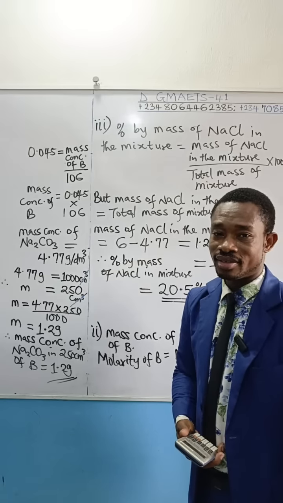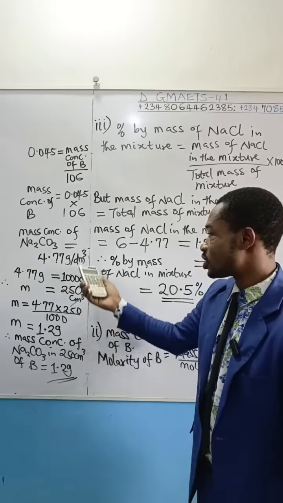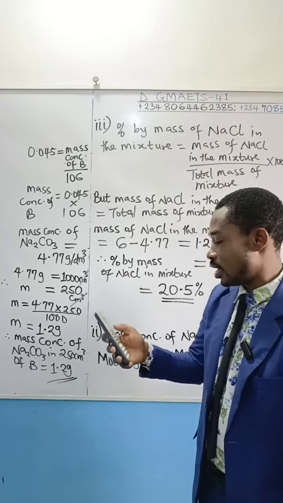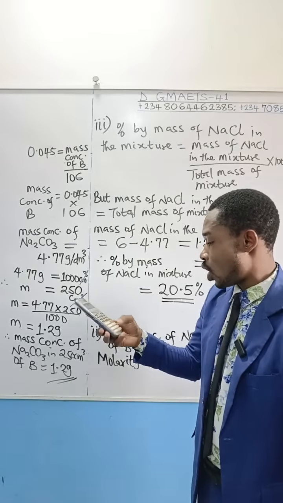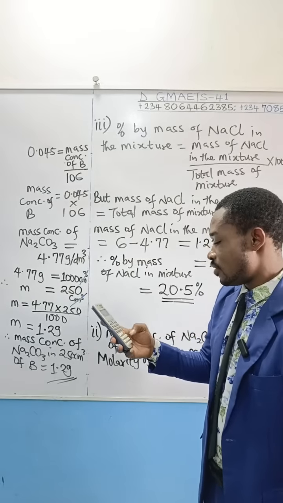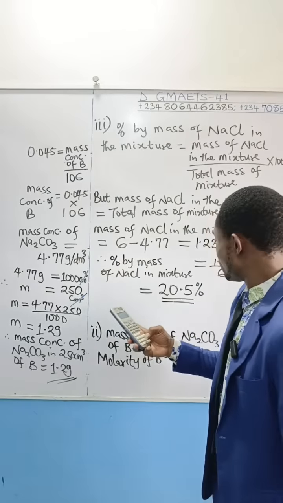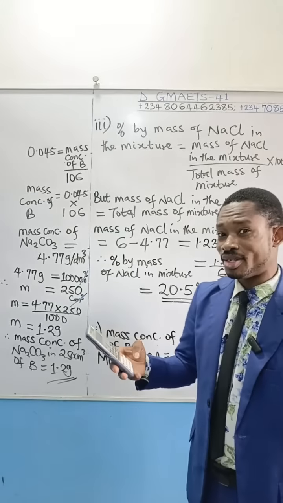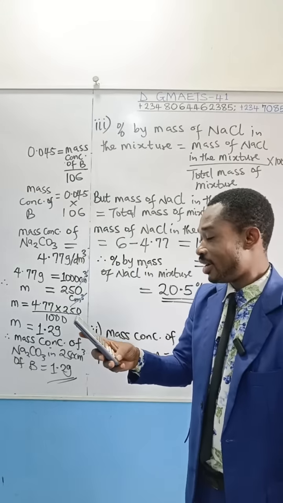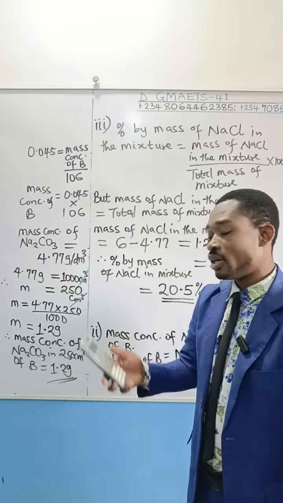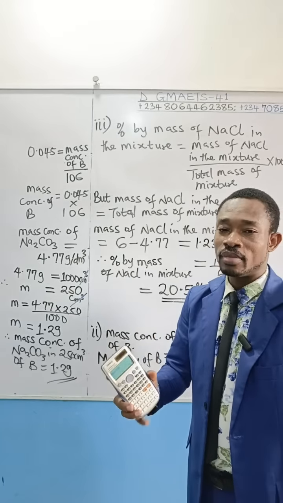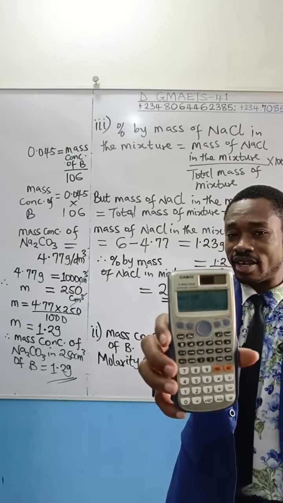Am I communicating? We can actually verify that: 4.77 divided by 6, the total mass. I hope this works out because that's what I'm expecting. Times 100. See, exactly 79.5. You can verify it yourself, like I said.